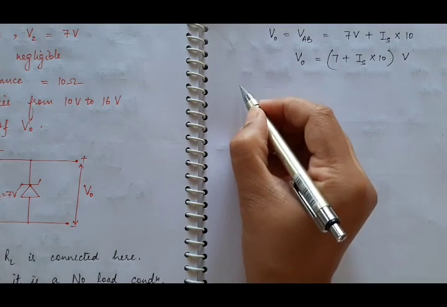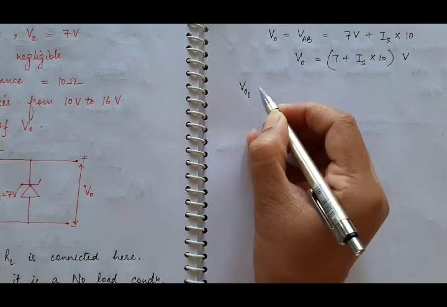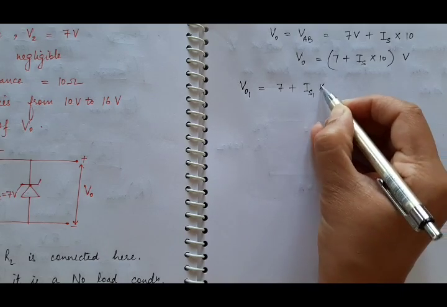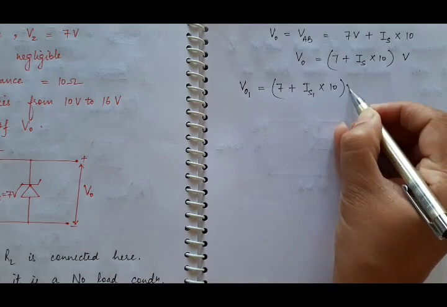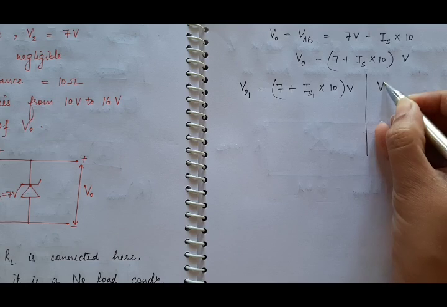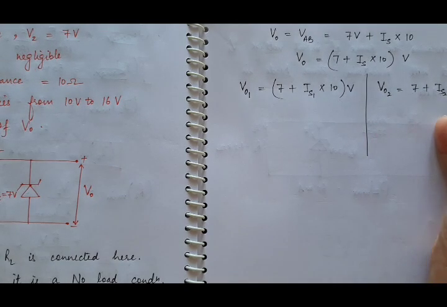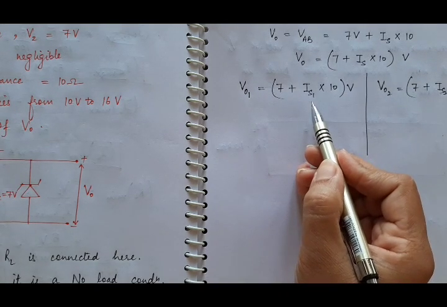So corresponding to V01, V01 will be 7 plus IS1 into 10 volts, and V02 will be 7 plus IS2 into 10 volts. So first calculate IS1.